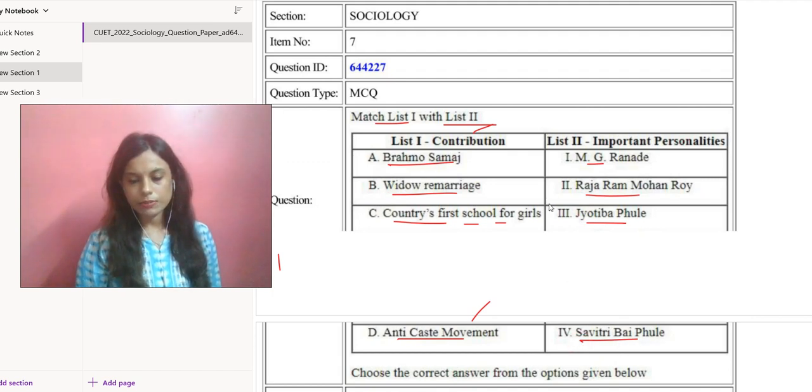So based on this, Brahmo Samaj was obviously done by Raja Ram Mohan Roy. Widow remarriage was also an initiative by Raja Ram Mohan Roy.